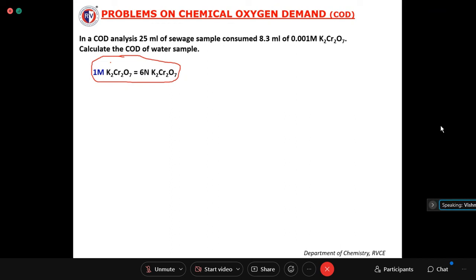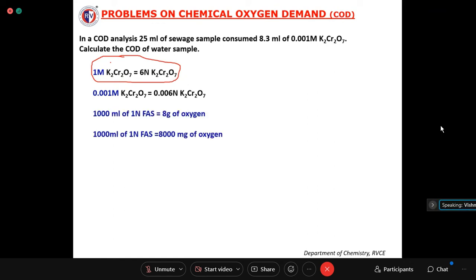How many chromium are involved? 3 into 2, totally 6. That's why for 1 molar, molarity is not equal to normality here; molarity is equal to 6 times normality. That means 6 change in electrons. Very good. Same assumption I will continue. You see here 0.001 molar K2Cr2O7 is equal to 0.006 normal K2Cr2O7. Look at this.